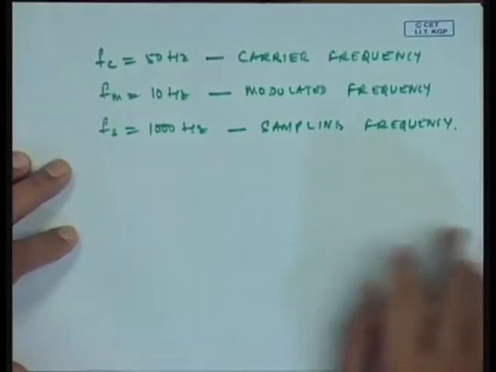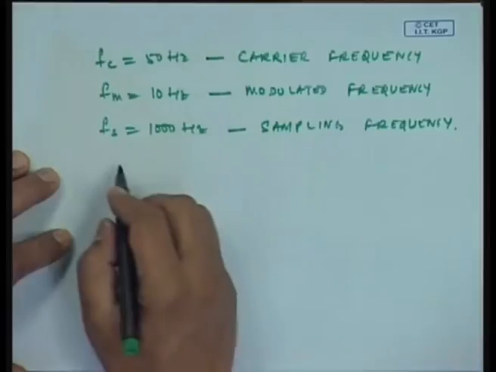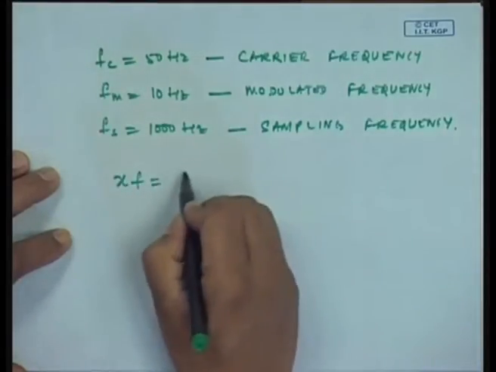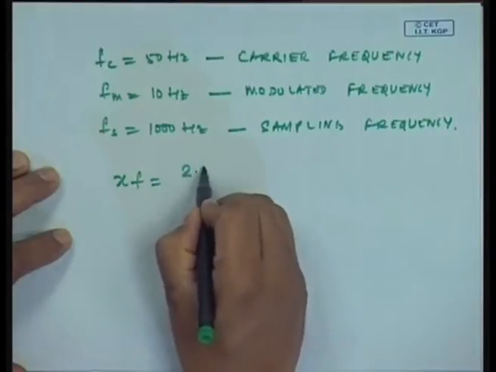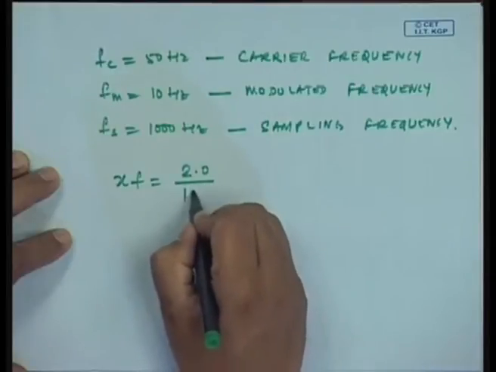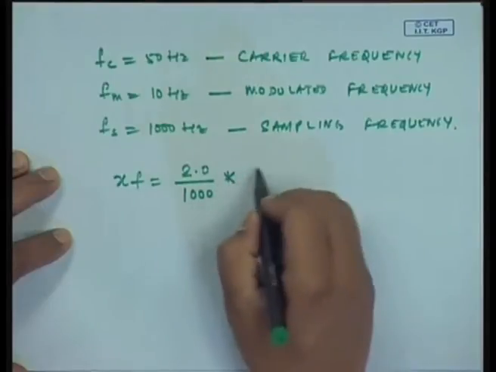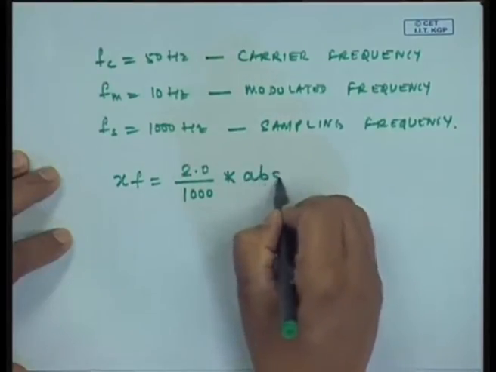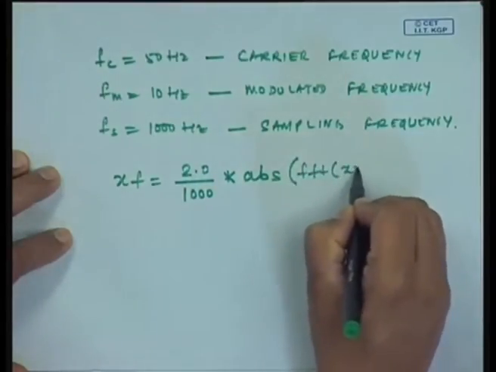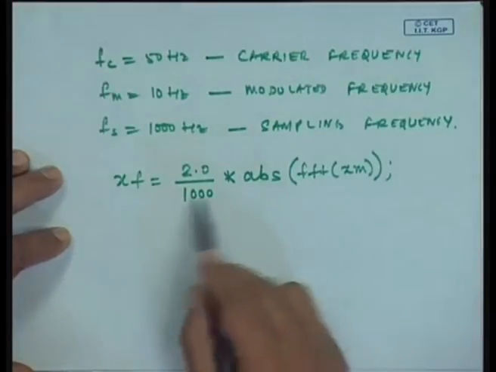So, once you do the FFT of such a signal xm, how do you do that? Suppose you write xf is equal to 2.0 by, suppose you have taken 1000 data points, star absolute value of FFT of xm, you will get the amplitude in the frequency domain.